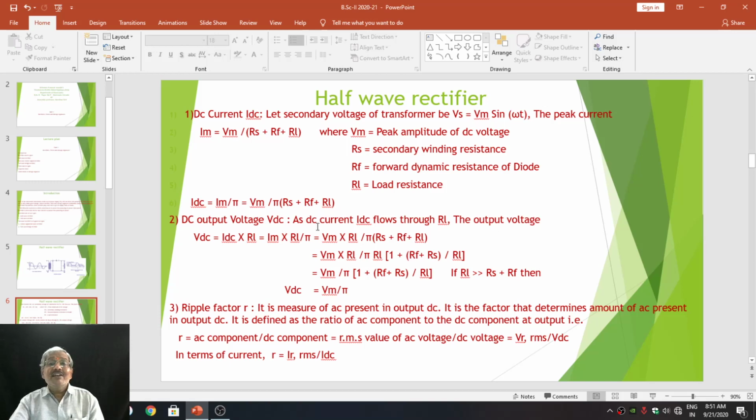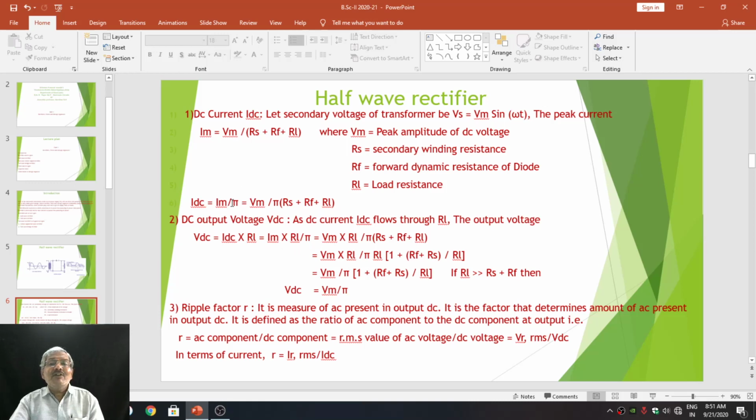Thus, as DC current IDC flows through RL, the output voltage is given by Ohm's law, VDC equal to IDC into RL. Putting the value of IDC, we get Im into RL upon pi, since IDC is equal to Im upon pi.